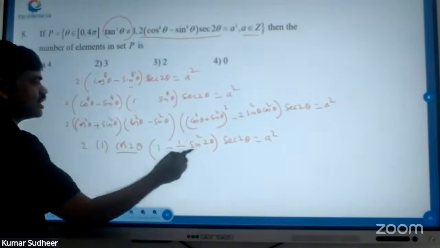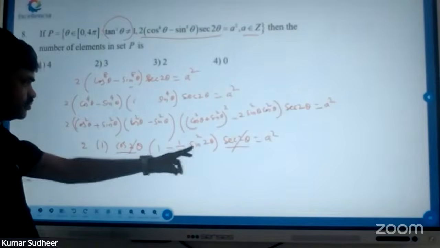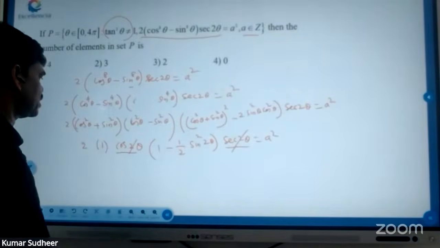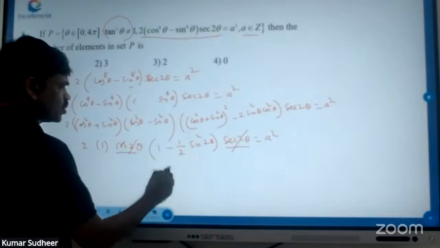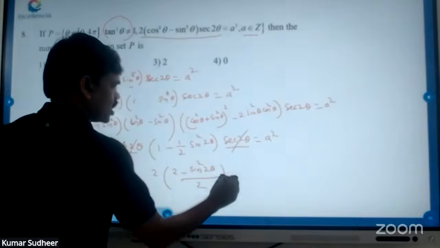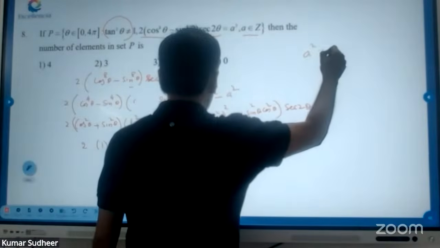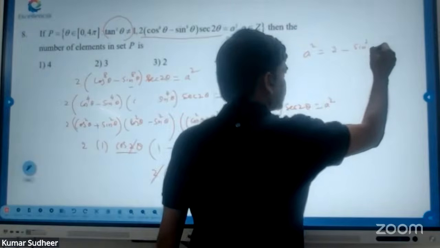So cos 2 theta into secant 2 theta is 1, and we can cancel it. What is the remaining value? It is 2 into 2 minus sin squared 2 theta by 2, equal to a squared. The 2 will get cancelled, so I got a squared equal to 2 minus sin squared 2 theta.